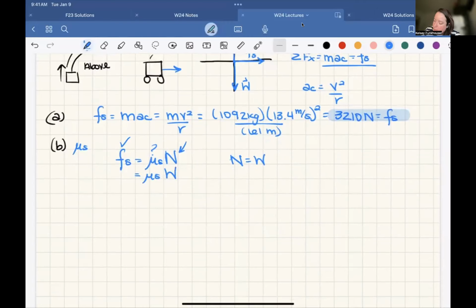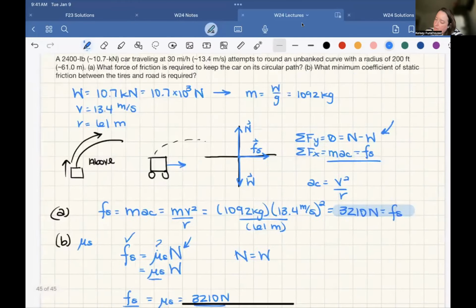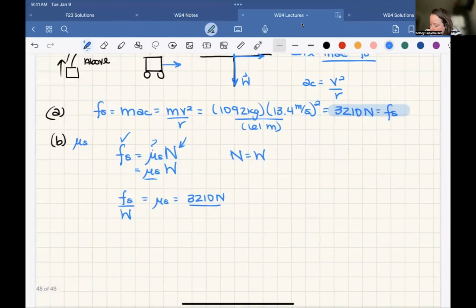F equals mu(s) times the weight, but we want to solve for mu(s), so we divide by the weight on both sides. We end up with the friction force divided by the weight equals the coefficient of static friction. So 3,210 newtons over 10,700 newtons. And that gives us a coefficient of static friction of 0.3.